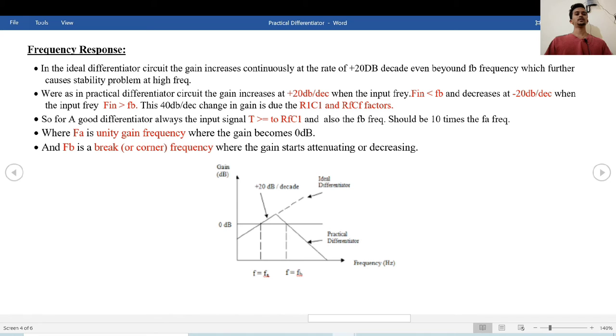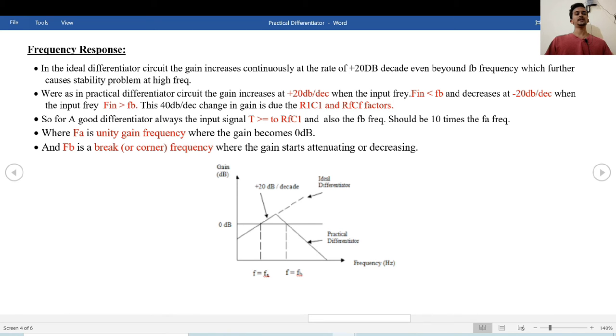The frequency response of the ideal differentiator circuit is as the gain increases. Here the gain increases continuously at a rate of plus 20 dB per decade, as you can see here. It increases continuously beyond FB frequency, which further causes stability problems at higher frequencies.